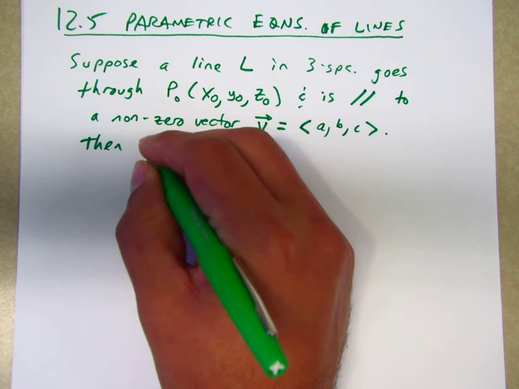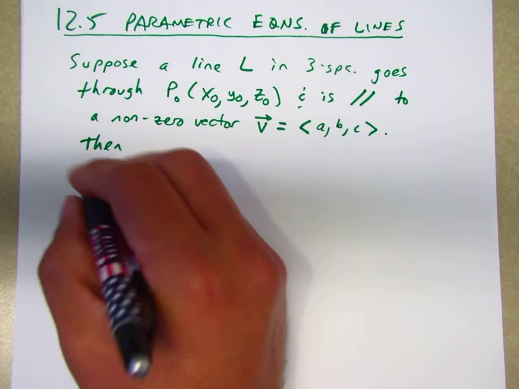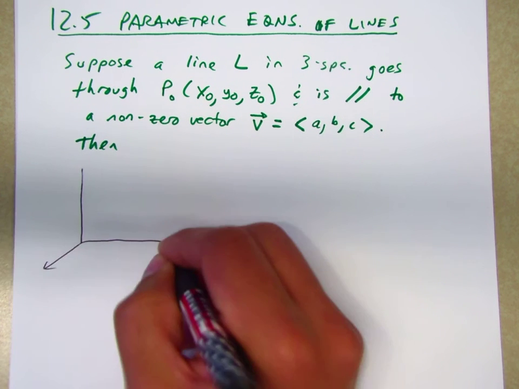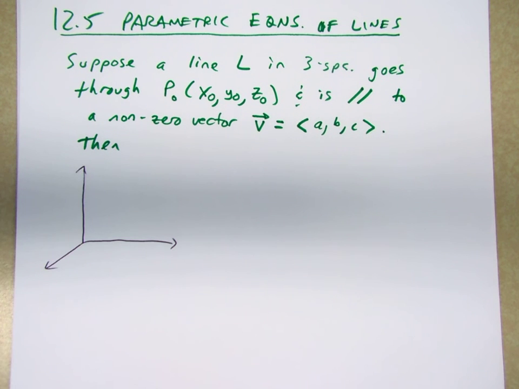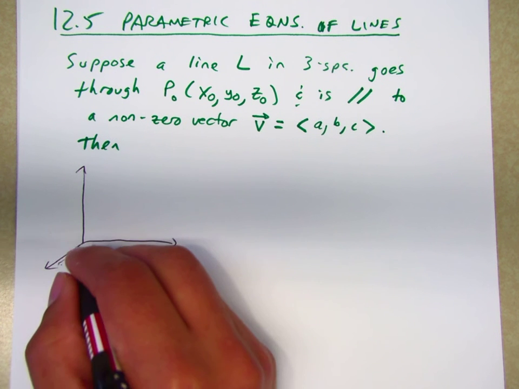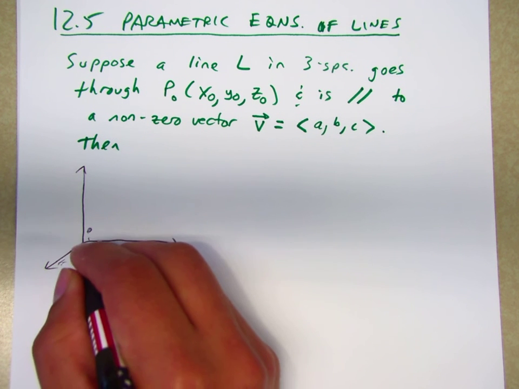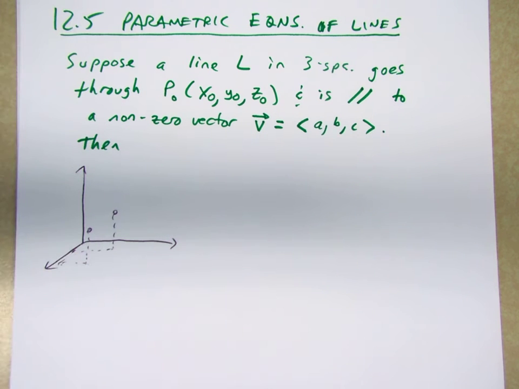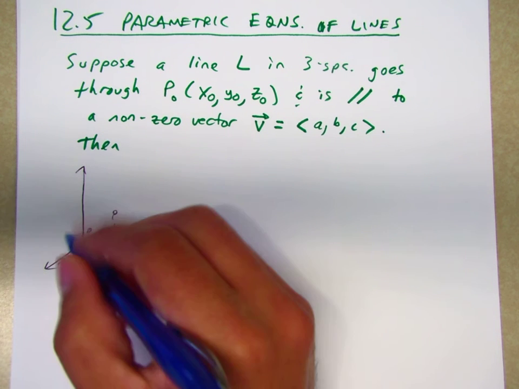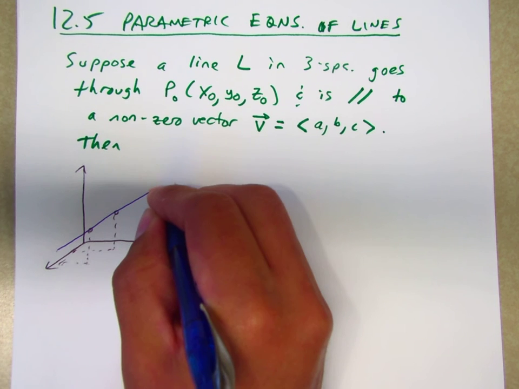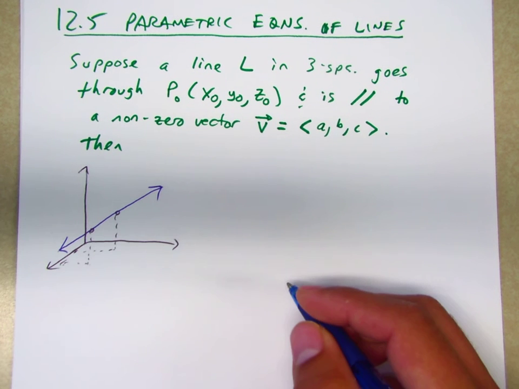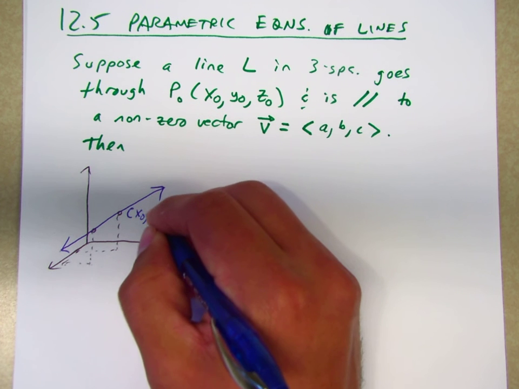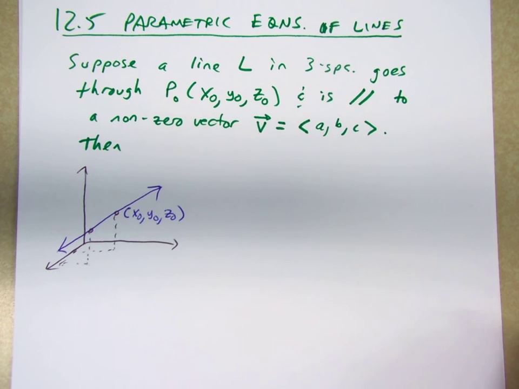Then the line, and actually let me draw the picture first. So let's say here's a line. Let's call this point x naught, y naught, z naught.